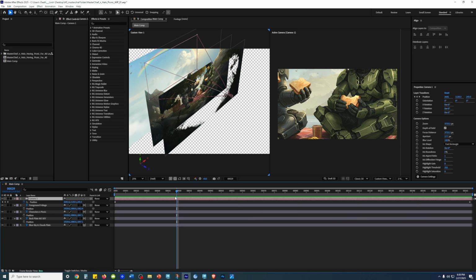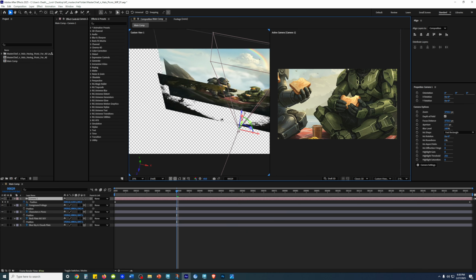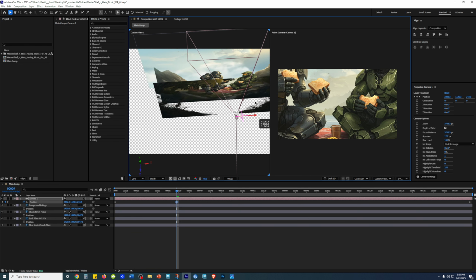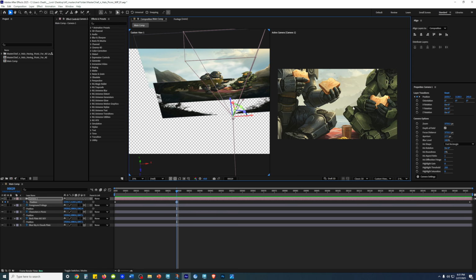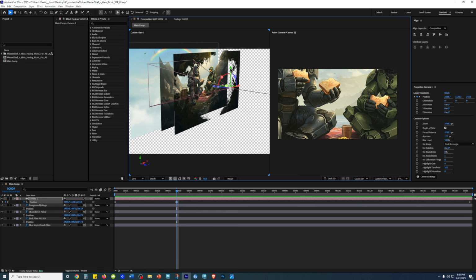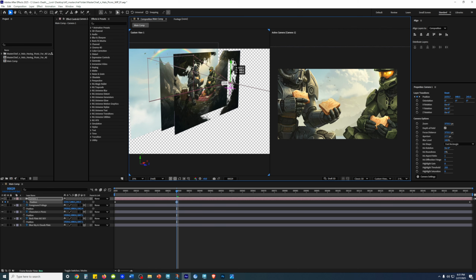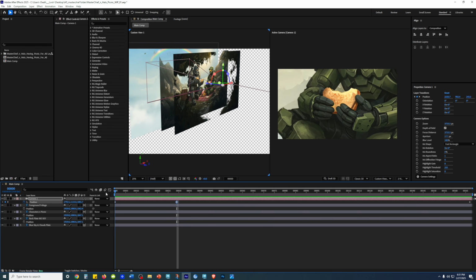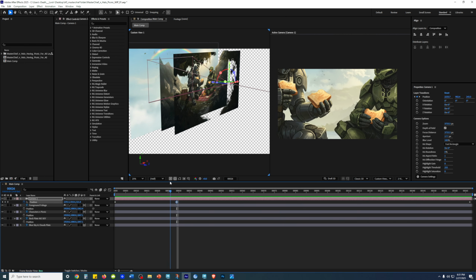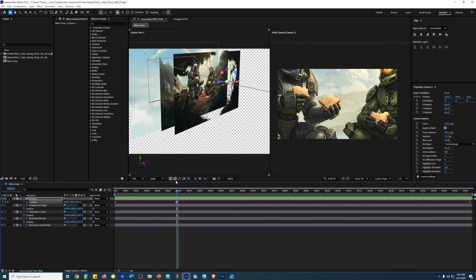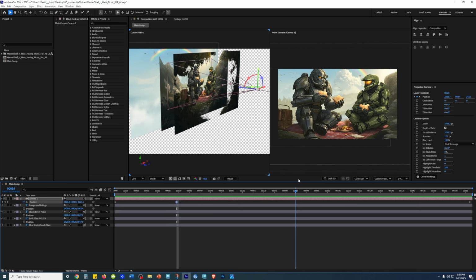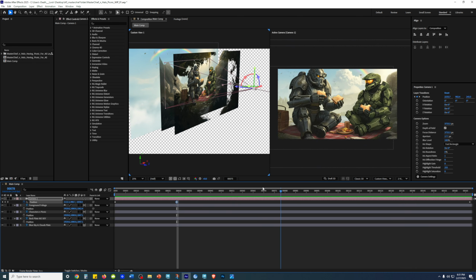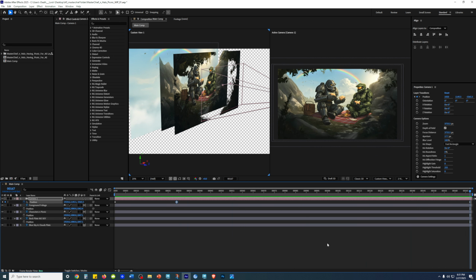At this keyframe here, all I'm gonna do is move the camera this way, so you see both of it together. And I'm gonna move the camera down or up so you can see this. So it goes from here, like that, and then further back. Like so.